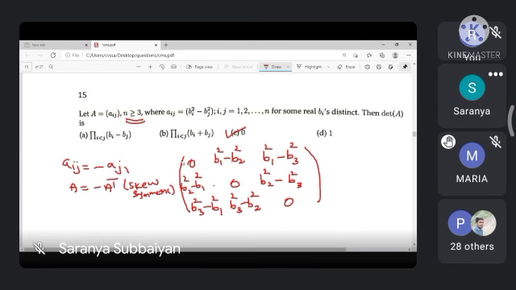But what is the question? The determinant of A, n greater than or equal to 3. Suppose n is greater than 4, you will get some values. But here they mention n greater than or equal to 3, so you have to think about 3 only. So 3 means 0. No problem at all.